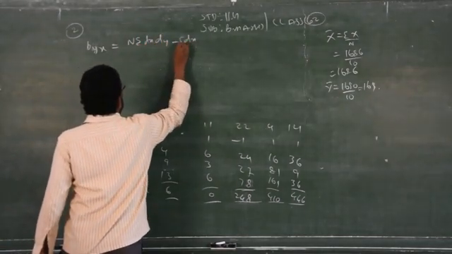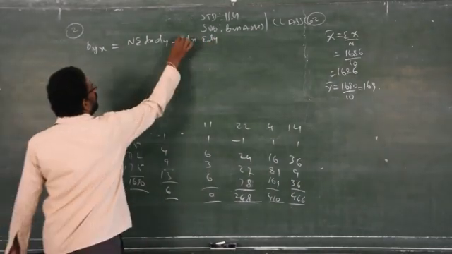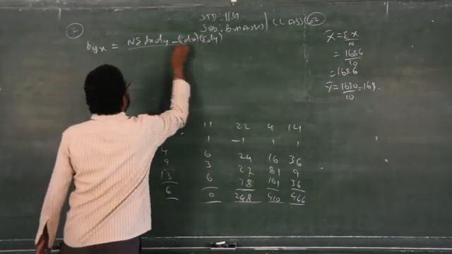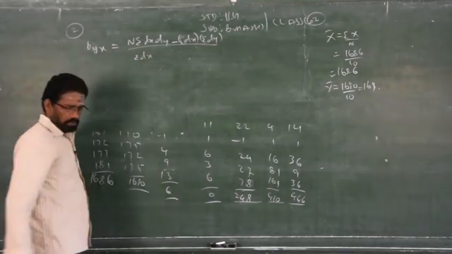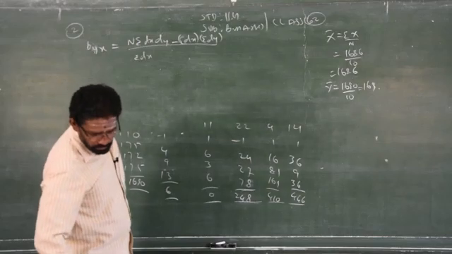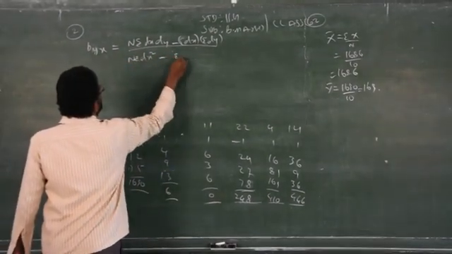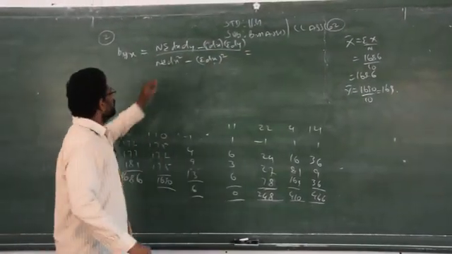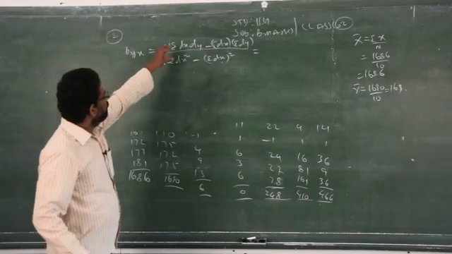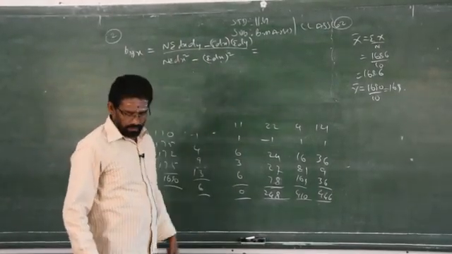So n summation dx dy minus summation dx summation dy, by n summation dx square minus summation dx the whole square. You have to substitute the relevant values you found already in the tabular column. Just substitute, you will get the answer.